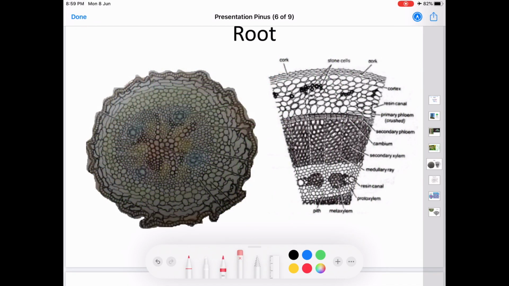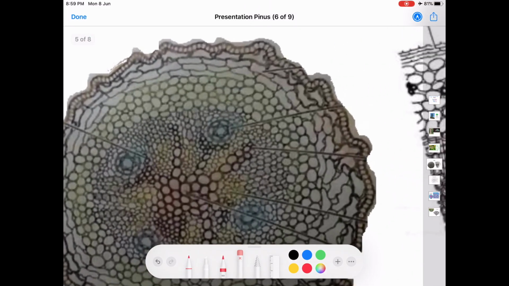The structure of root in Pinus. Initially, the Pinus plant has a taproot system. Later, it is replaced by the adventitious roots. The root shows mycorrhizal association. Now, moving on to the internal structure of the root, the outermost layer is the epidermis.